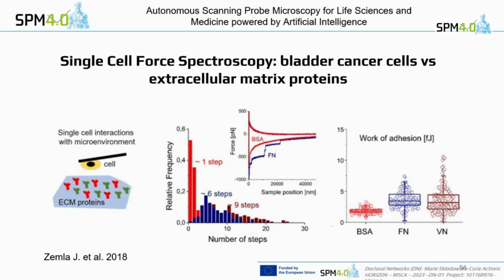We see that depending on the protein, the characteristics of the curves is different. So we have one step for control, but for fibronectin and vitronectin, we have 6 and 9 steps. Steps are actually the tethers here.